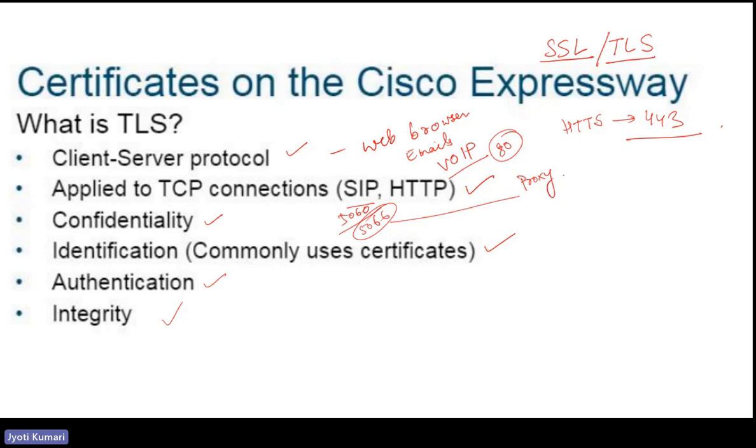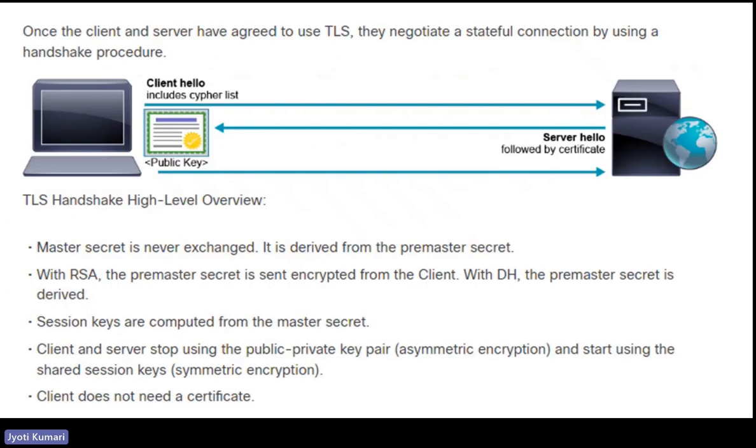Next, once the client and server have agreed to use TLS, so if TLS is enabled on both sides, they negotiate a stateful connection by using the handshake process. In this handshake process there are a number of steps. The master secret is never exchanged; it is derived from the pre-master secret.